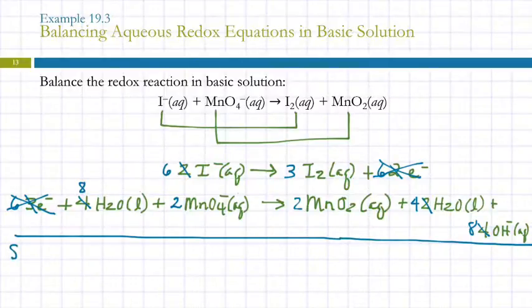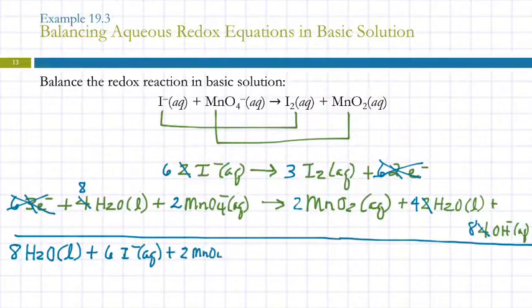So that's not a 4, that's an 8. 8 H2O plus 6 I minus aqueous plus 2 MnO4 minus aqueous.